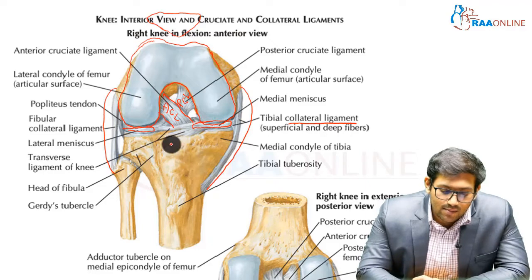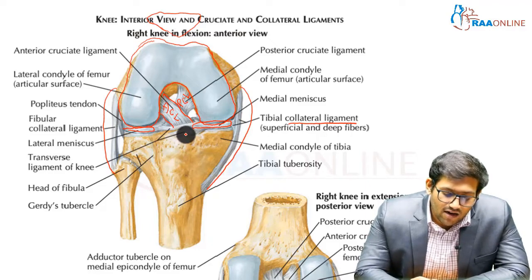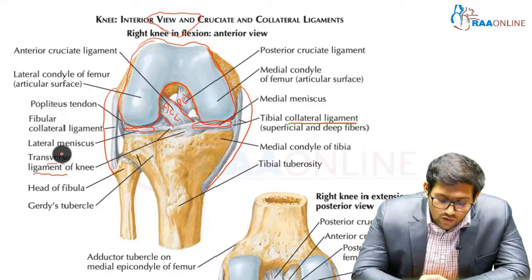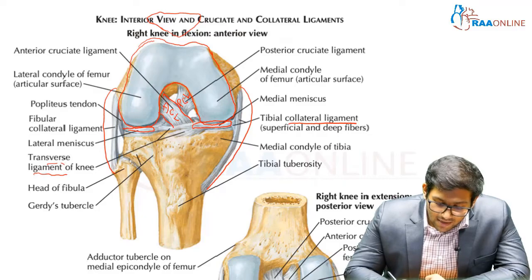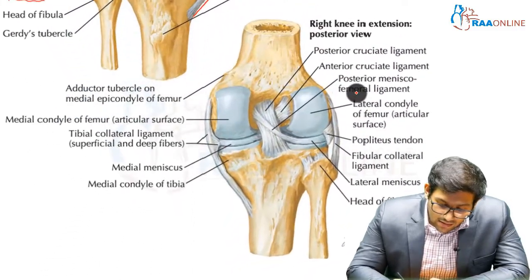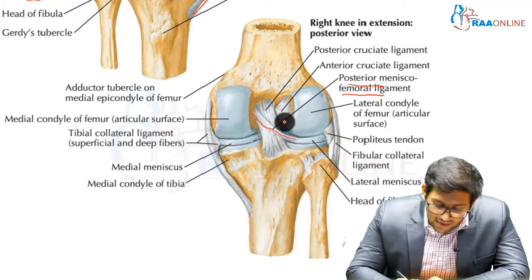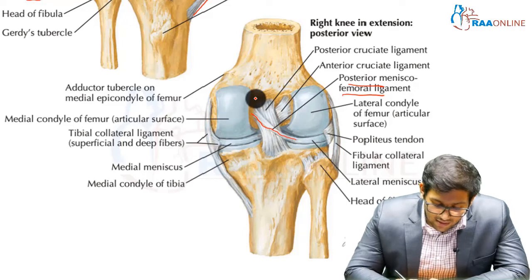And you can see that both these menisci have attachments in between, called the transverse ligament of the knee. From the back you can also see the posterior meniscofemoral ligament, starting from the lateral aspect and running into the intercondylar notch.